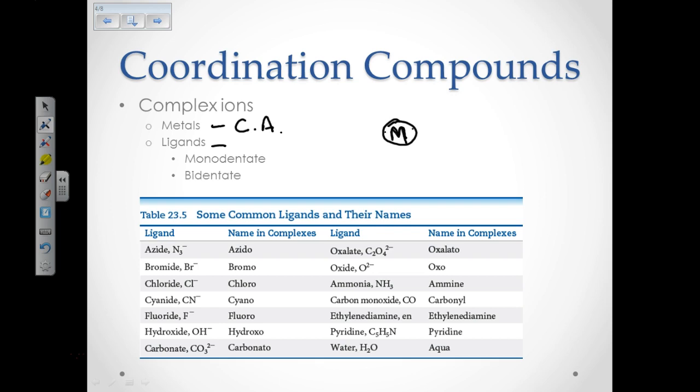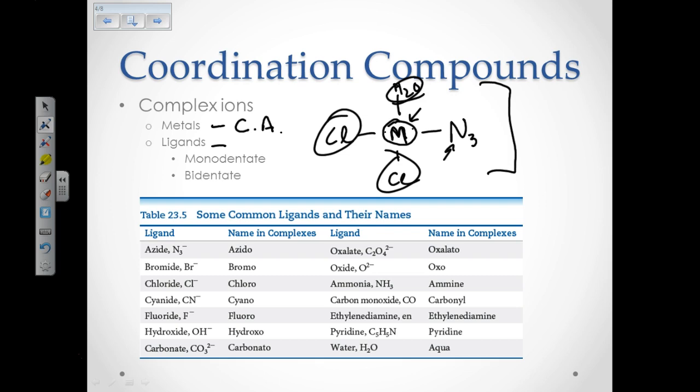We may have a metal in the middle, and then here we may have an N3, and here a water, H2O. Here we may have a chloro group, and maybe two chloro groups. So the metal is in the middle, and this is a ligand, this is a ligand, this is a ligand.